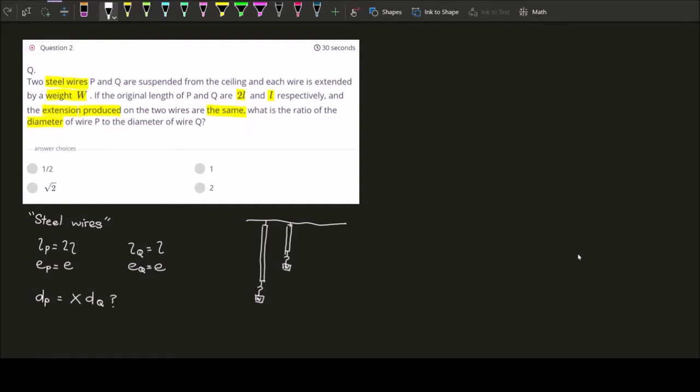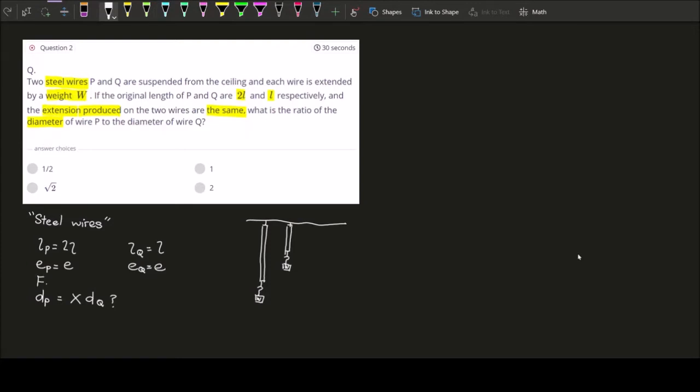First thing is they provide the length and they provide the extension. Now if you want to relate the length, the extension and the weight, there is one more thing I didn't mention.